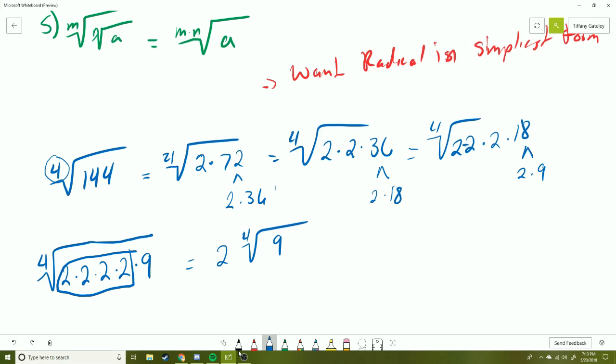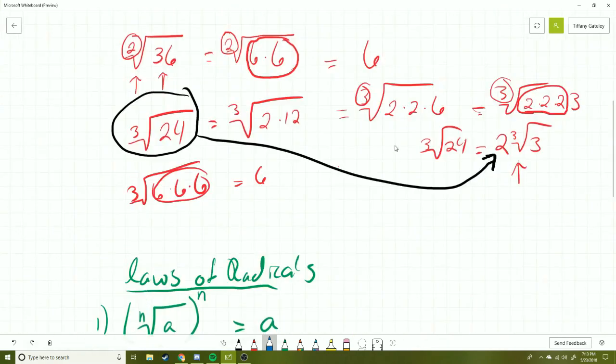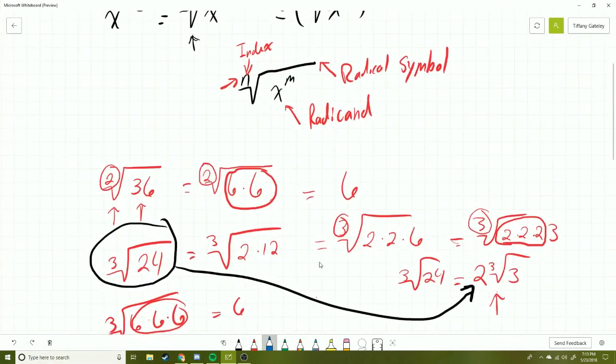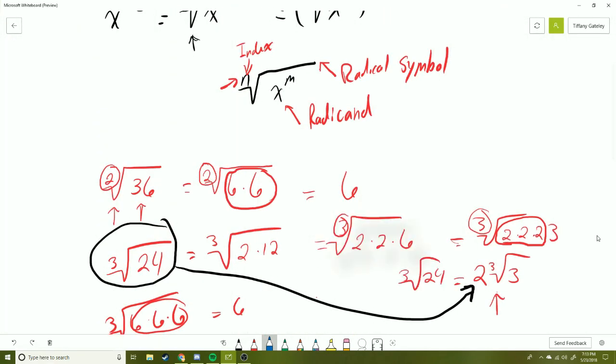Now a great thing to remember is if you're pulling out a number, let's go back up here to the square root of 36. Let's say you didn't go straight to 6 times 6. Let's say we did it the way we factored it. So let's erase this and do it again.